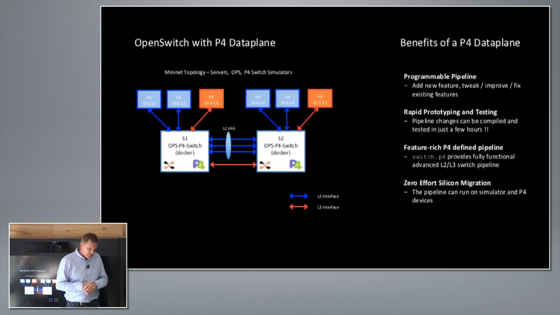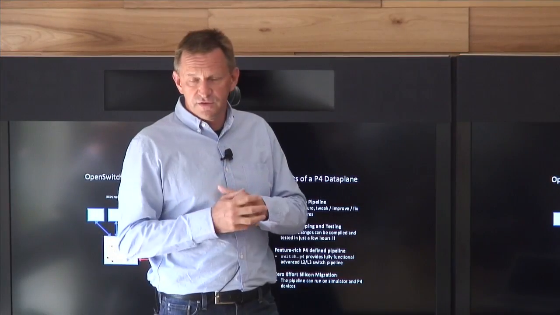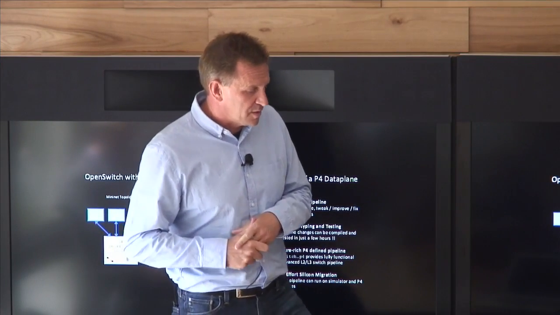So, in principle, once you've got that tested in OpenSwitch on that P4 representation, it should be very easy then to migrate it to work on any switch forwarding plane that has been expressed in P4. So it allows for easier migration across these different targets, whether they're fixed function or programmable.